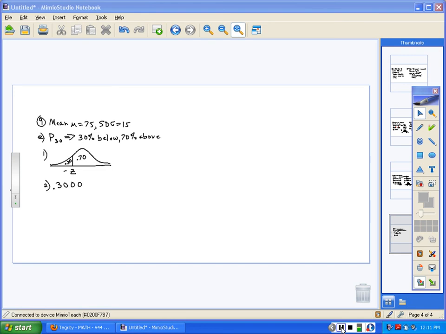And we need to find the value that is closest to 3,000. So what I generally do is I pick a column, I go down that column, and when I get close to 3,000, then I start going right and left. And let's see where we're going to end up here.